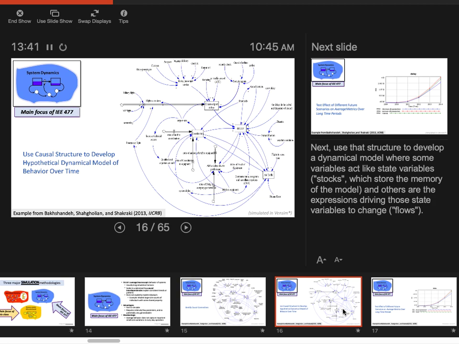Behind the scenes, this ends up being equivalent to a differential equation model like you might learn in your first class after the basic calculus classes, a nice ordinary differential equation course. This line and box together is basically x dot equals, and this is y dot equals, and when you solve this, you get a trajectory of x and y over time.